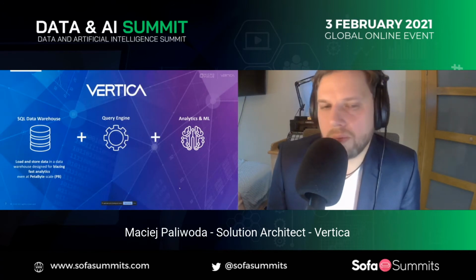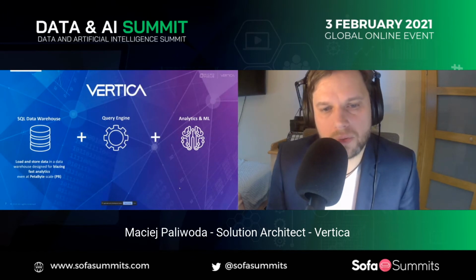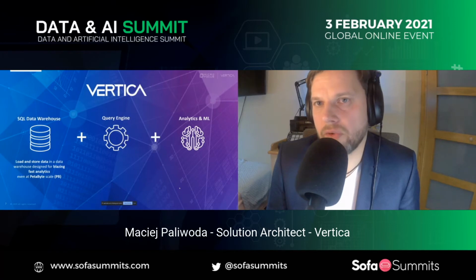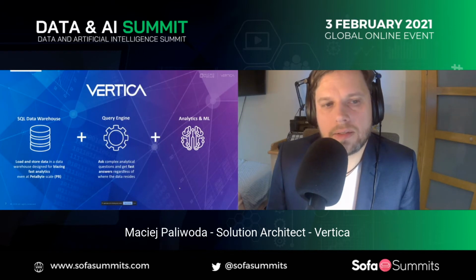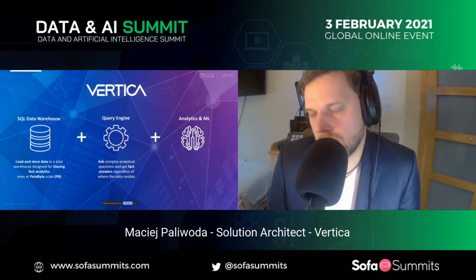We are also proud of the deployments where we have customers using over a couple of petabytes of data processed in Vertica. Next is a query engine. Vertica allows you to analyze data and get fast answers regardless of where the data resides. What does it mean?